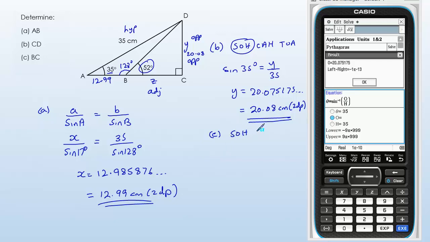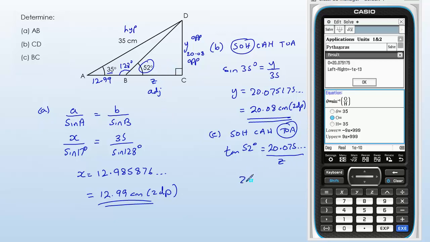If we use SOH CAH TOA, opposite and adjacent means we're using the tangent. And the tangent of that angle is equal to the length of the opposite, which is 20.075 and so on, divided by the z, which we're trying to find.